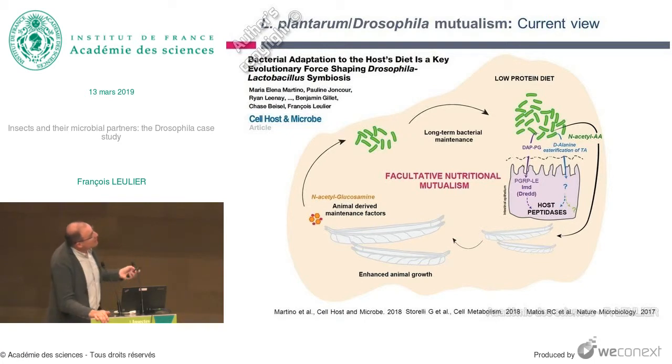So that established that beyond this cell wall sensing and this digestive function that I previously mentioned, there is also a very strict and direct metabolic crosstalk. And we heard from Angela this morning that there is this metabolic crosstalk between symbionts and insects. In this case, the bacteria has evolved to produce more N-acetylated amino acids, in particular N-acetylated glutamine.